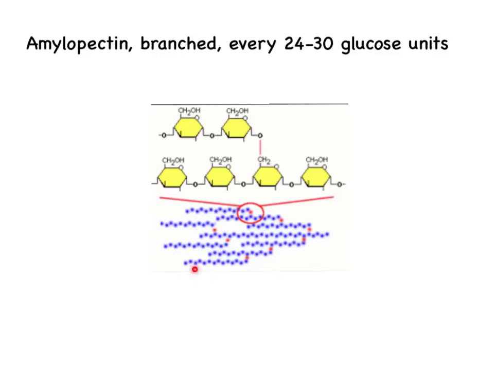So you can see here that you have a branched chain structure, and amylopectin will branch every 24 to 30 glucose units. Now what this does is it increases the number of available ends for hydrolysis and condensation to occur over, making it more efficient to take up glucose or to release it.